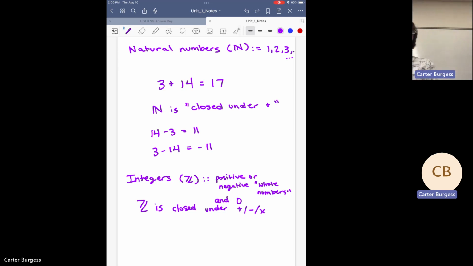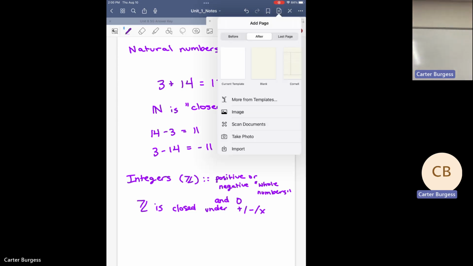Okay, not super relevant, but it does give us the need for what is next, which is what breaks our integers. What operation can we do that starts making us need more numbers, in particular, the fractions that we were talking about? Division. Okay, so we need to be able to account for division.